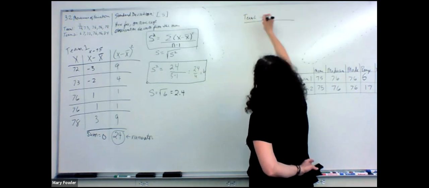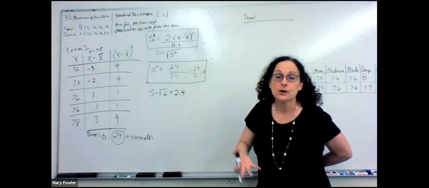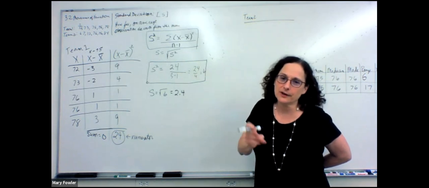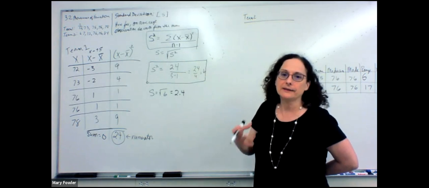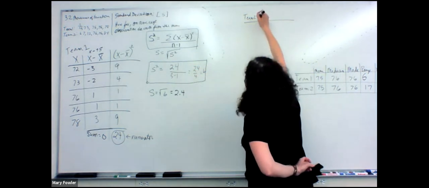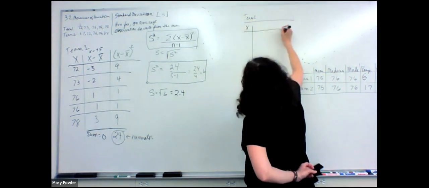If we were in the classroom together right now, I would be asking you to calculate this on your own. So maybe I should try to be a little quiet while I calculate it, and then you can calculate it, and you can look back up at the video and check as you go. That's a helpful thing right now for you to calculate the standard deviation for team 2.